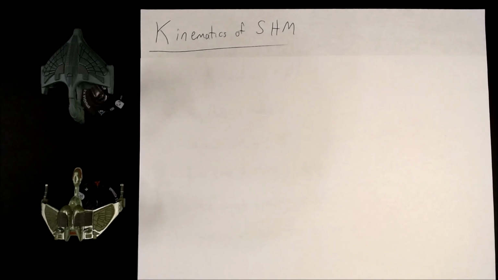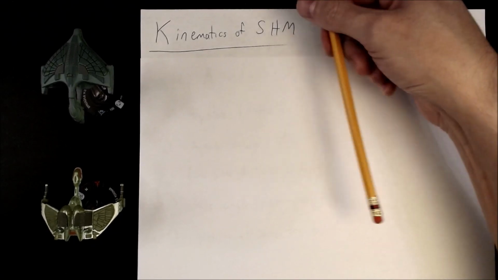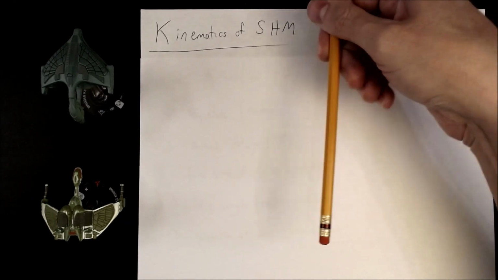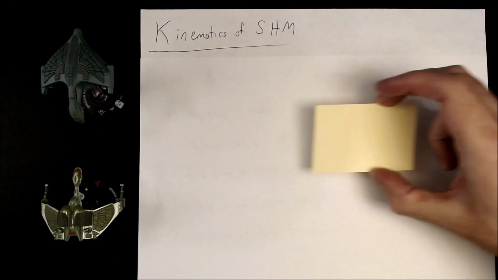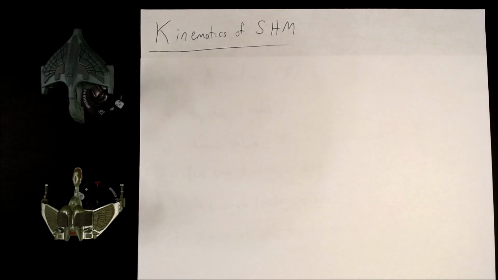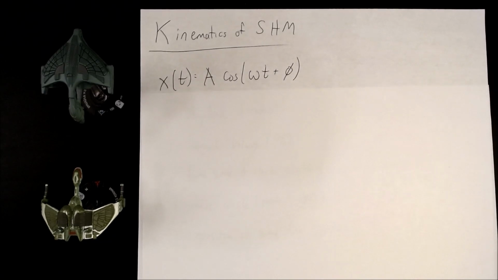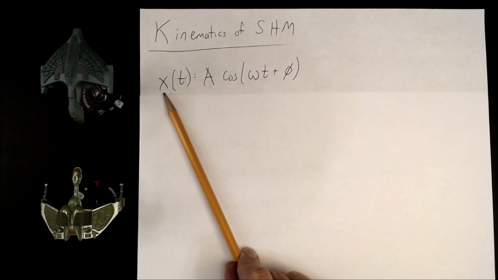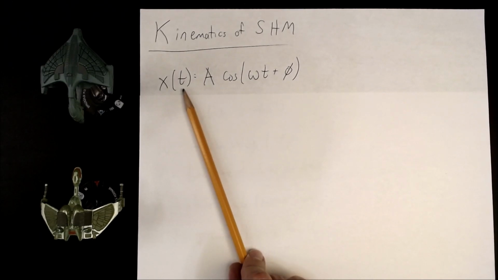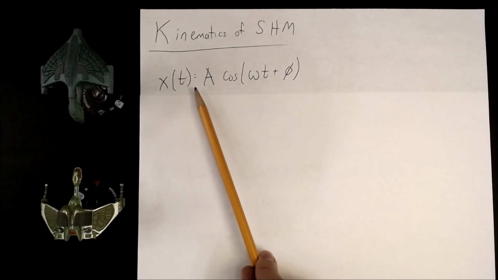If we have a simple harmonic oscillator, something in simple harmonic motion, a pendulum swinging back and forth, or a mass on a spring moving back and forth, then we can convert the frequency or the period into the angular frequency omega, and then we can get these kinematics equations for an object in simple harmonic motion or periodic motion.